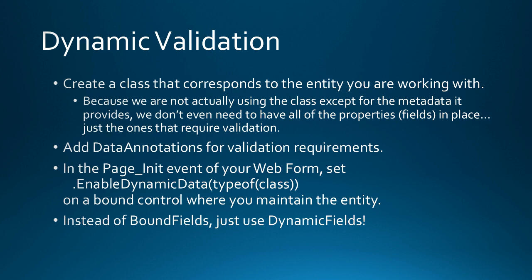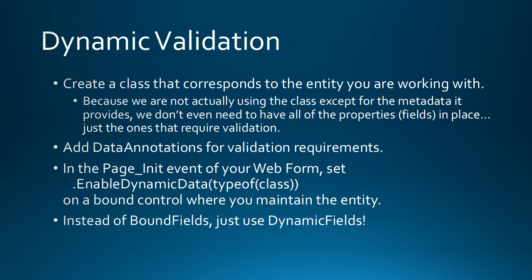We don't have to include all the properties in the class, just the ones that we want to provide some metadata for, some information about its validation requirements. And then we'll add data annotations that indicate what the required validations are. And that's the nuts of it. The bolts come in, then we just tell the bound controls to use dynamic validation controls. And that's it. We really just have to link it up by enabling dynamic data on the bound control itself.